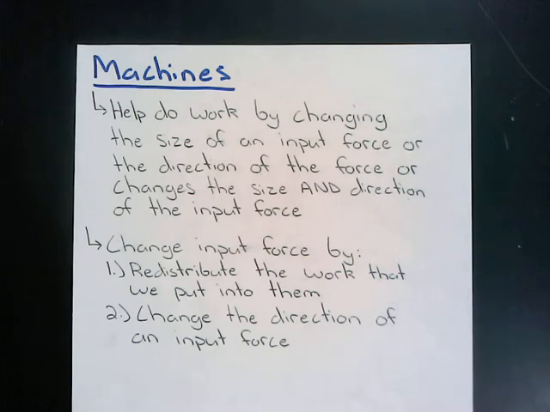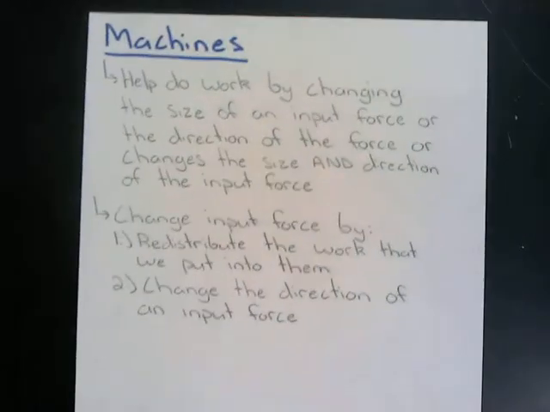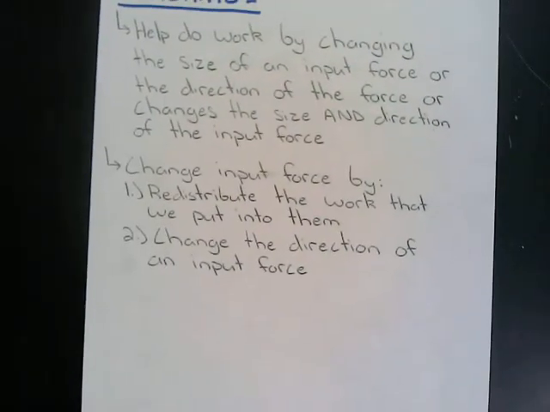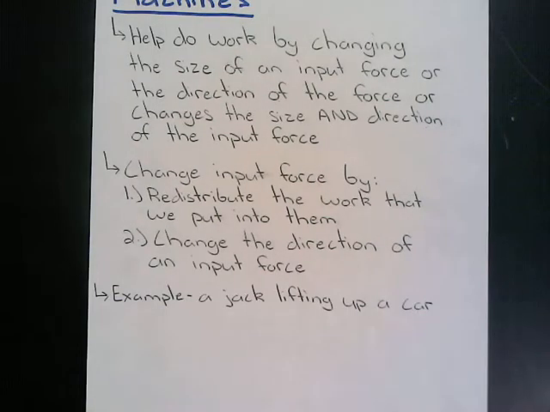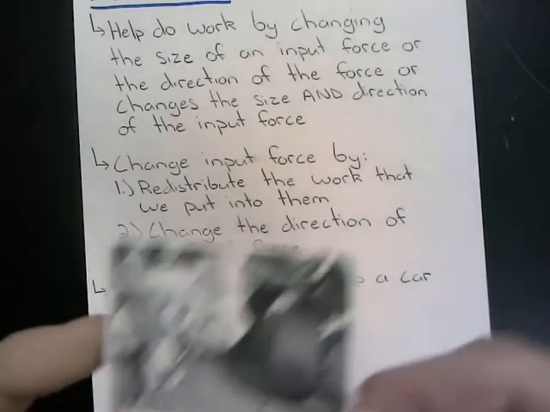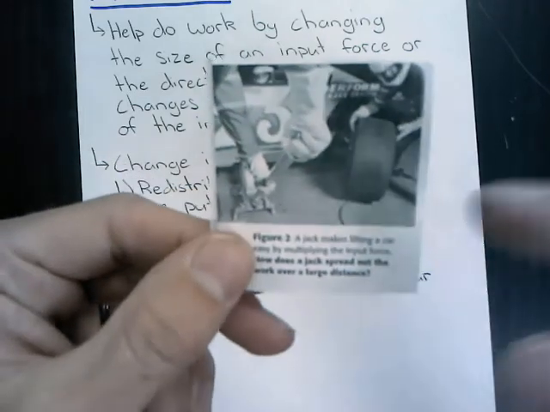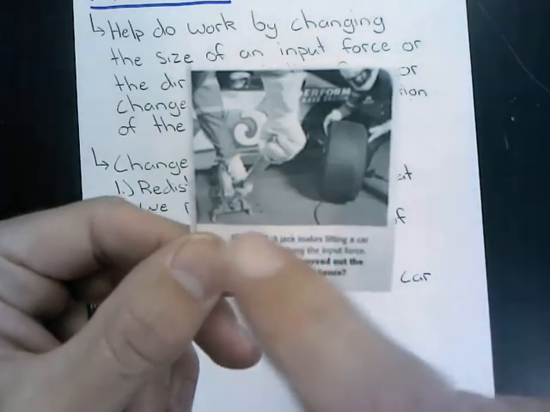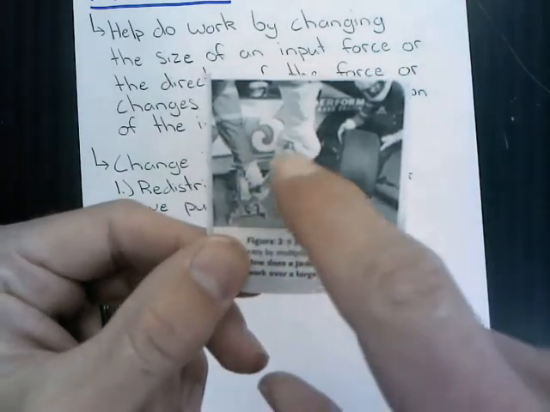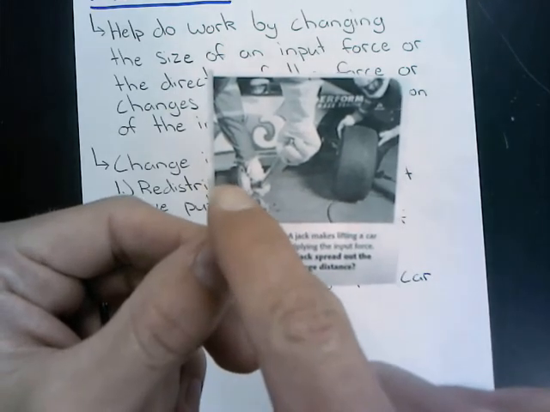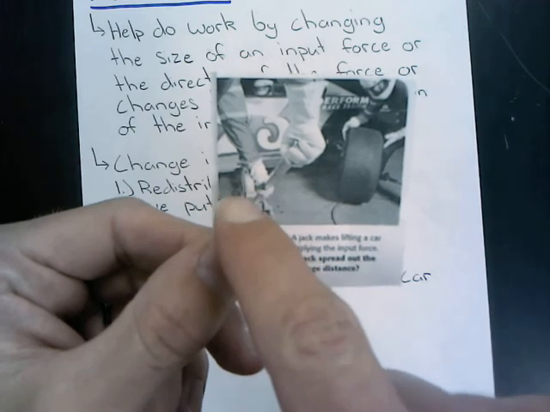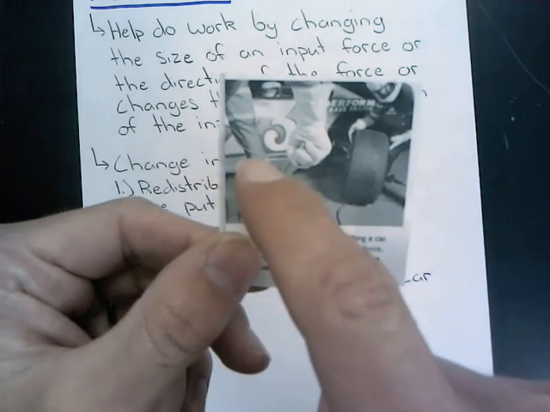So let's think of an example here. And a great example of a machine is a jack lifting a car up. If you're unfamiliar with what a jack is, here they have a NASCAR race here. A jack, this gentleman here pushed down on this lever, and it caused this device up here, the lift, to lift up the car.